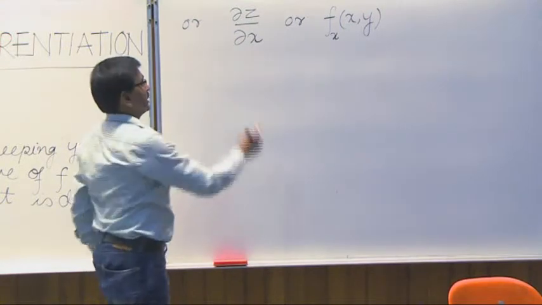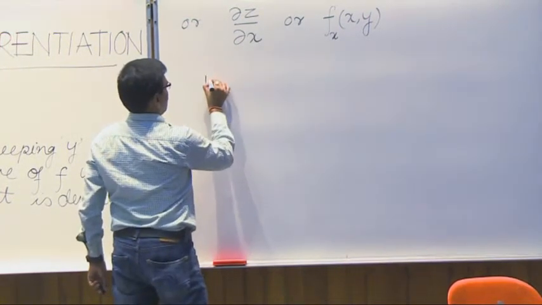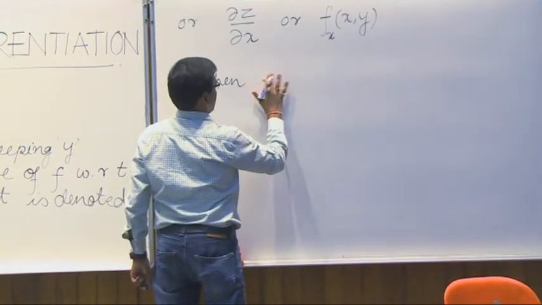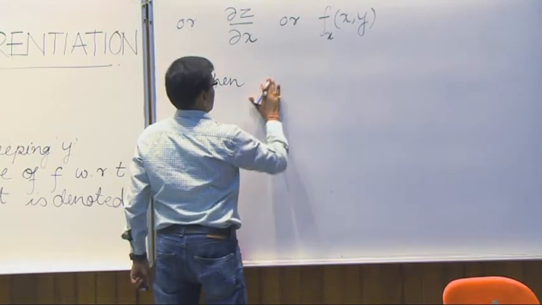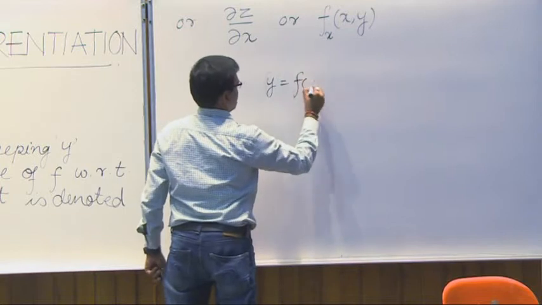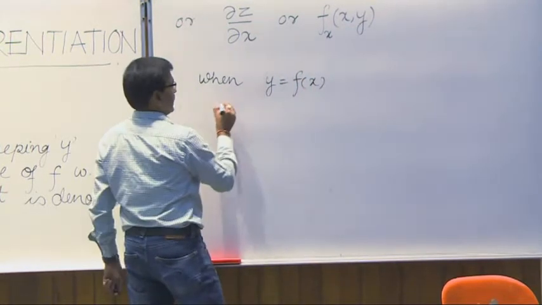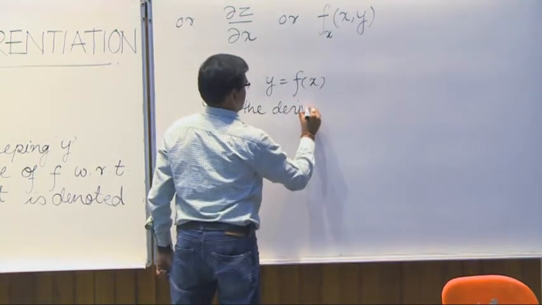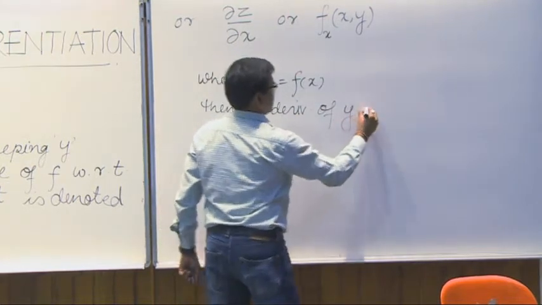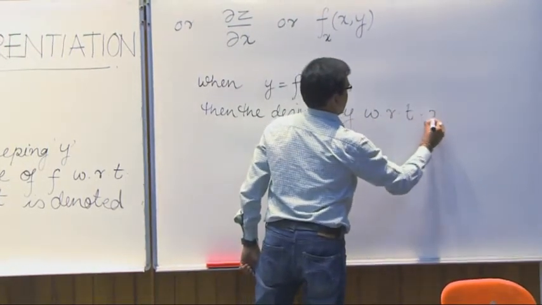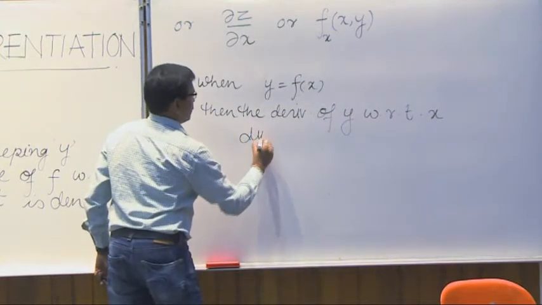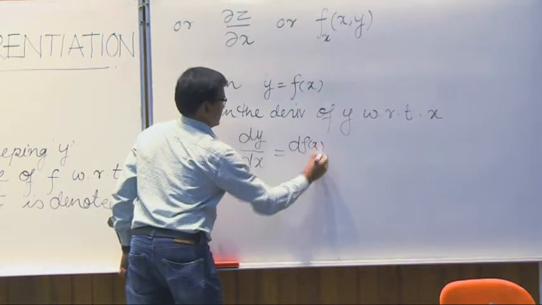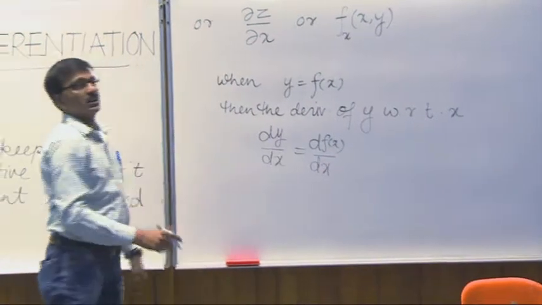Before, in normal differentiation, when your function y was a function of one variable, the derivative of y with respect to x was dy by dx, denoted by d.